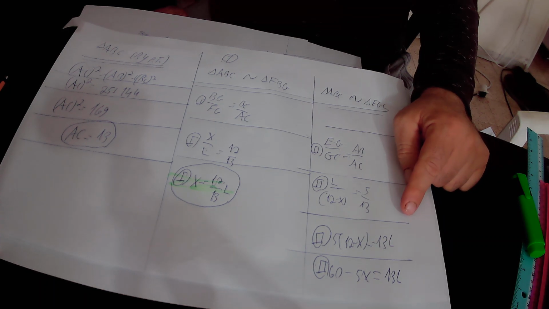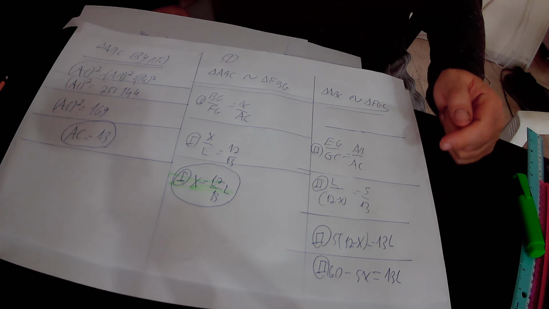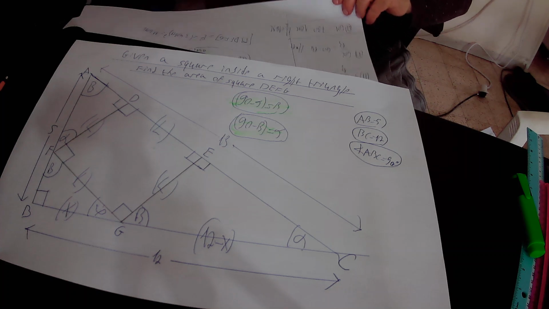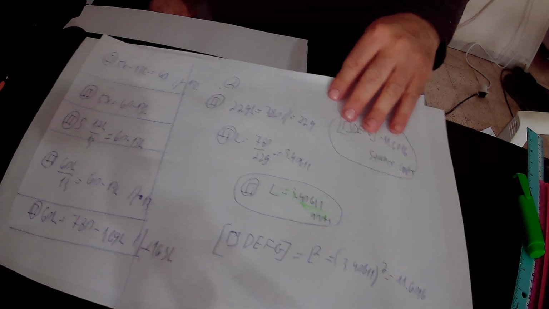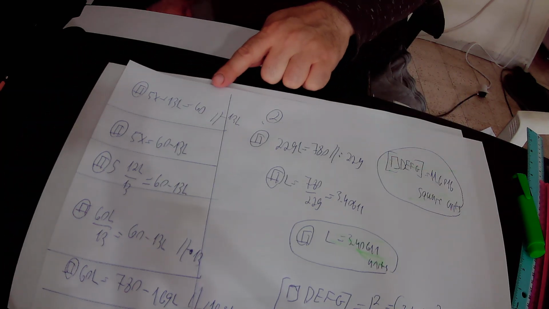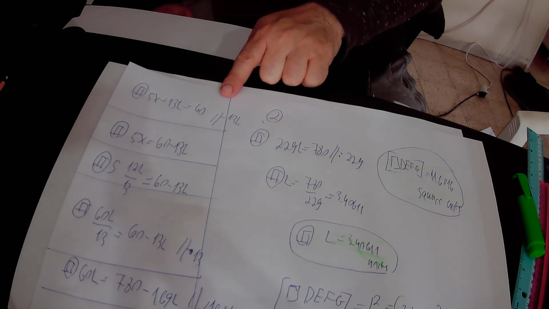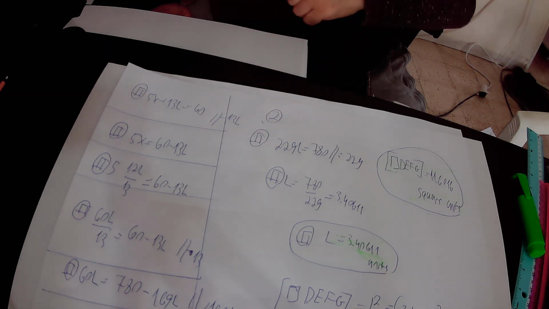Here we added 5X to this equation 2, and finally found out that 5X plus 13L equals 60. Here we subtracted 13L from this equation, and finally found out that 5X equals 60 minus 13L.